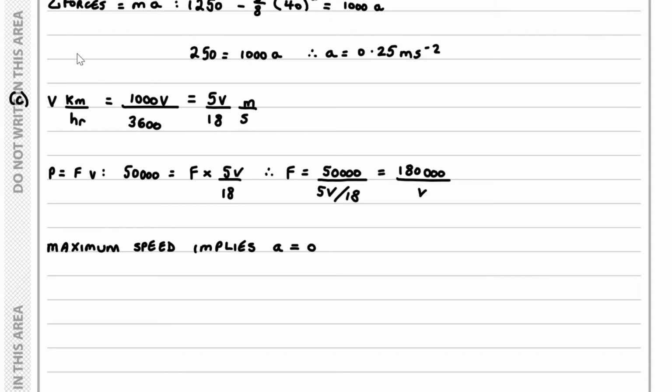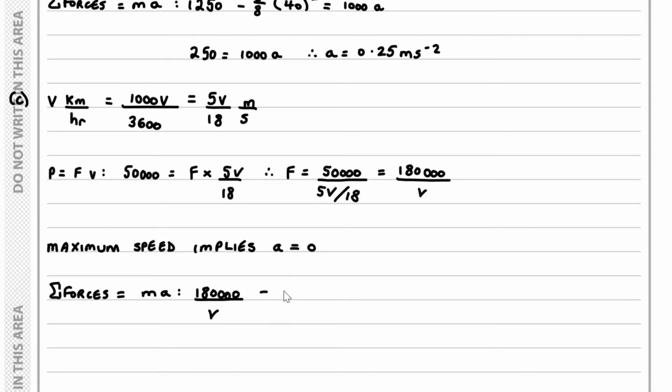So therefore, if we use the sum of the forces equals mass times by acceleration, we've got the forward force, which is 180,000 over v, minus c times by v squared.